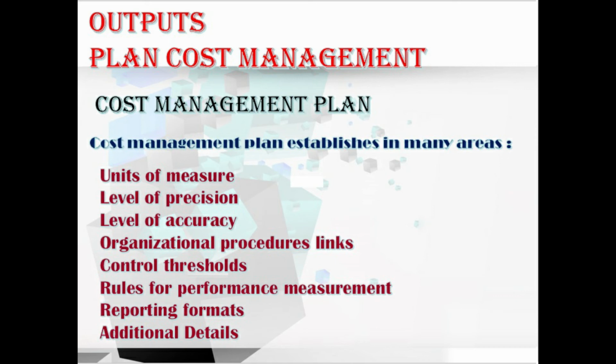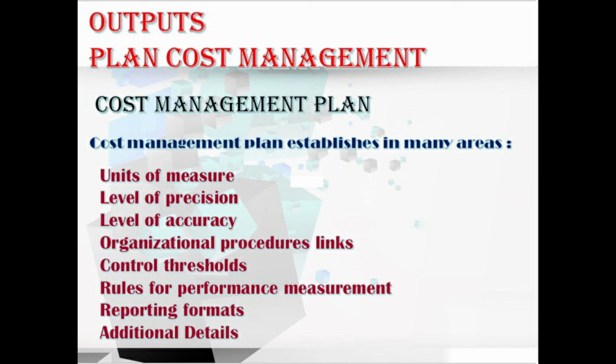Each control account is assigned a unique code or account number that links directly to the performing organization's accounting system. Hope you understand the level of accuracy and the organizational procedure links. Let's move to the next concept in more detail, control thresholds.